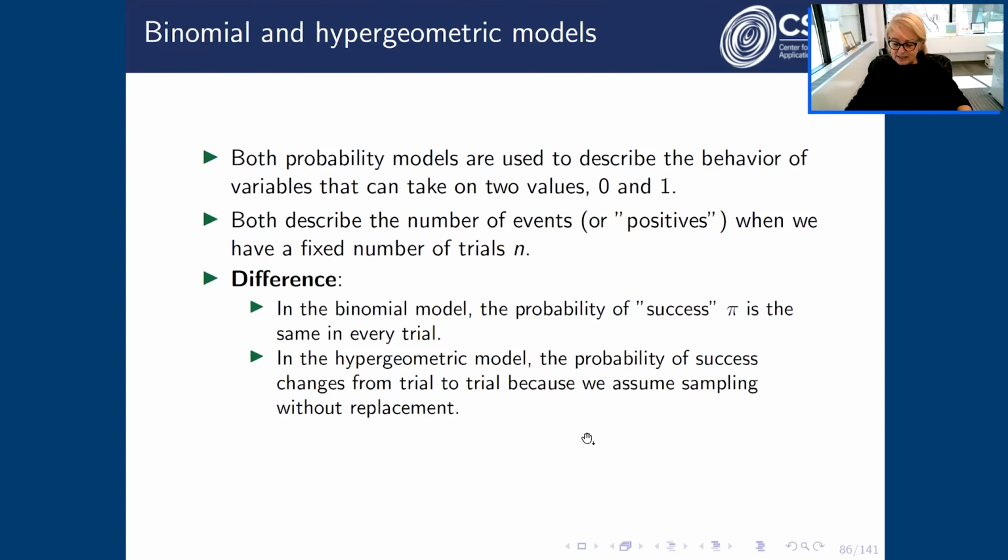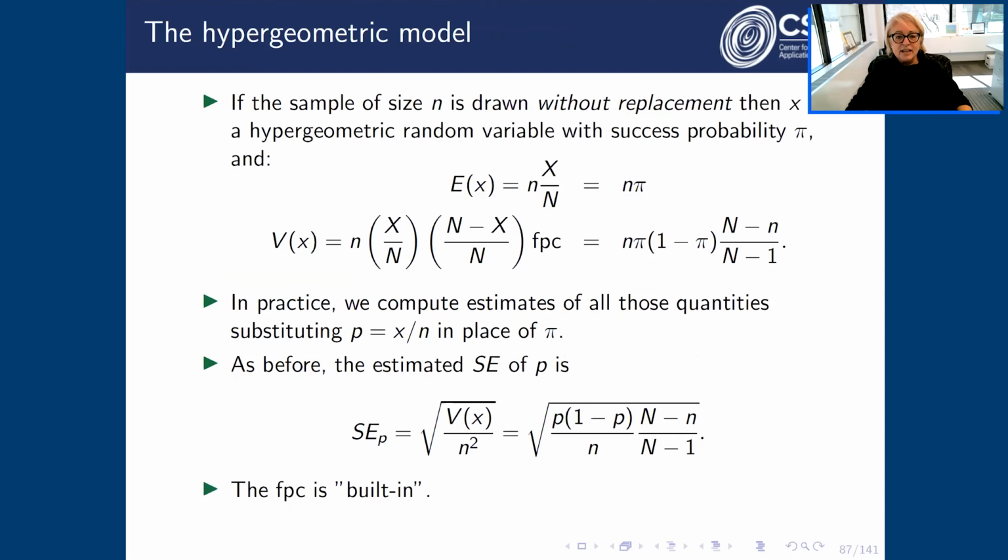We talked about this a little bit last Friday. Why is it changing from trial to trial? Because if I draw an item from that population and do not put it back, then the number of observations in the population changes to big N minus 1, because one of them I took out already and cannot be sampled again. And if the item I sampled was positive, then I have one less positive in the population.